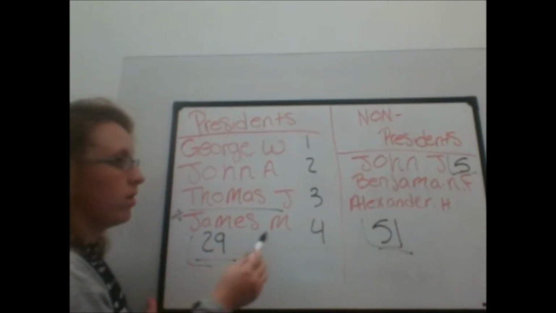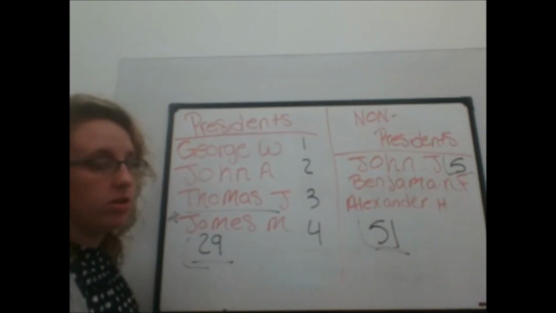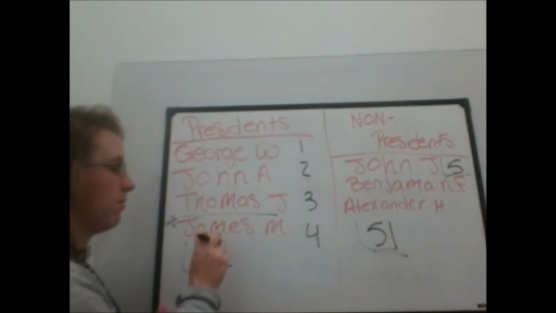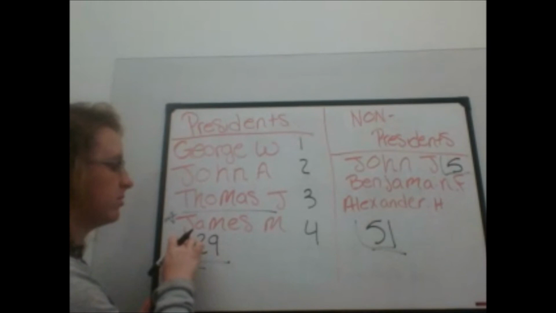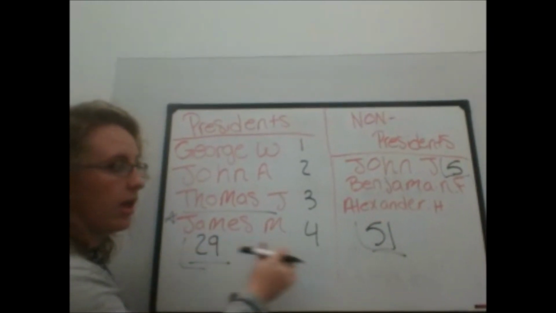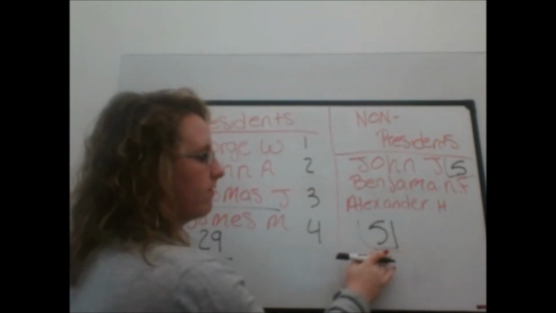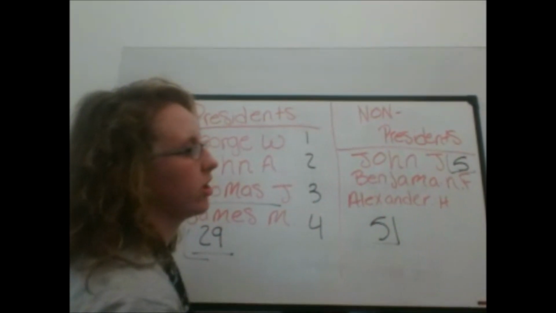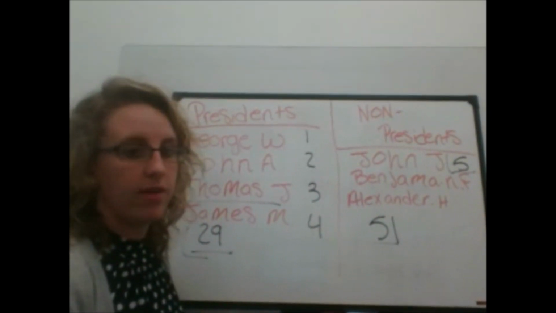Remember, you need to know the contributions to the Federalist Papers, who wrote what parts, and how many parts they wrote. James Madison wrote 29, Alexander Hamilton wrote 51, and John Jay wrote 5.